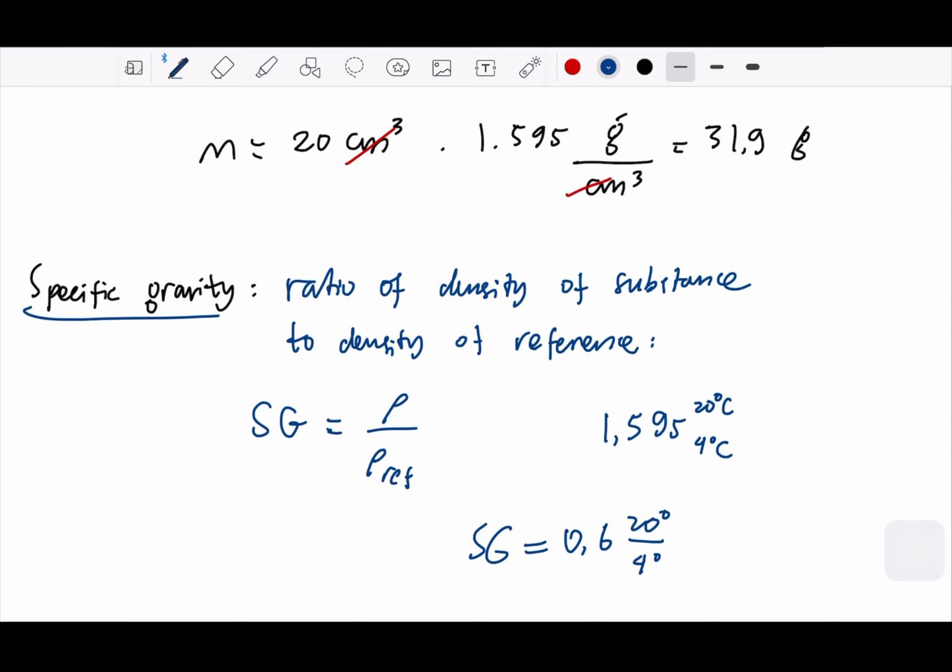And usually for some specific gravity, we will use some table to help. Like in your appendix in the textbook, there will be a table B1, B2, and etc. The specific gravity can be observed on table B1, which lists some chemical compounds.